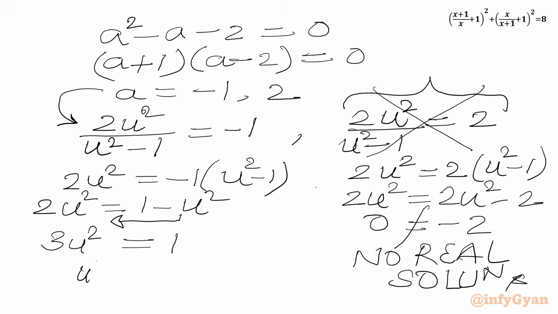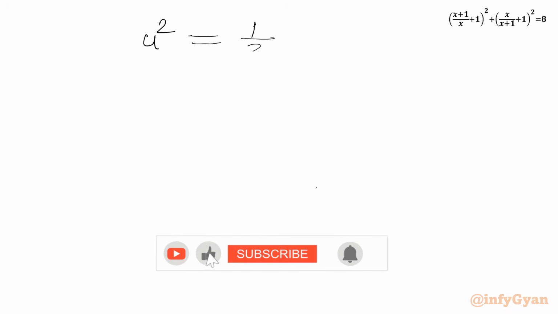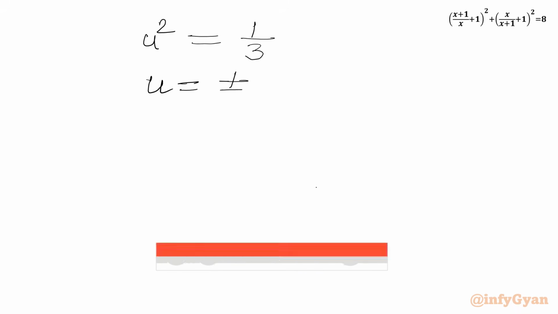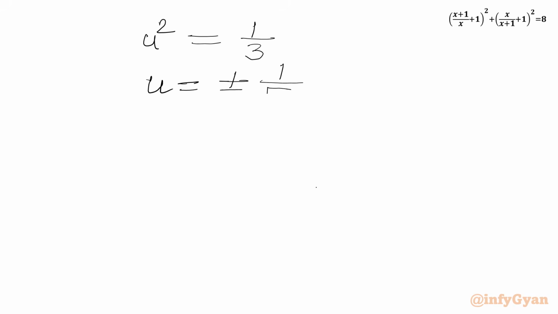Or we'll be writing u square equal to 1 over 3. We can take a square root both sides to get the value of u. I will write here u square equal to 1 over 3. So u will be equal to plus minus 1 over square root 3.